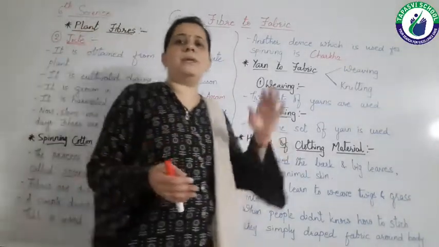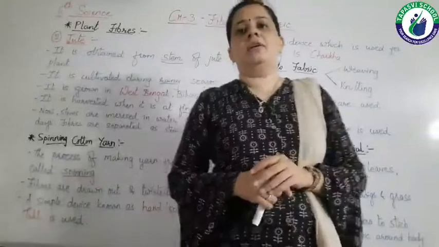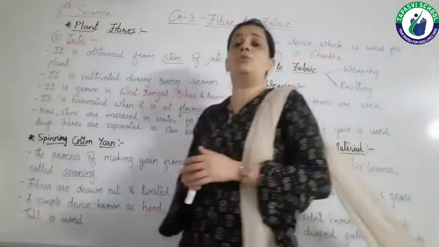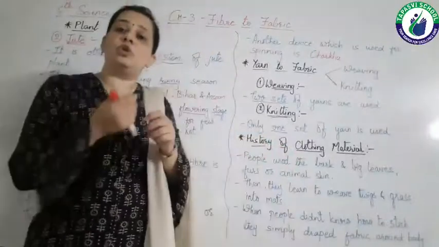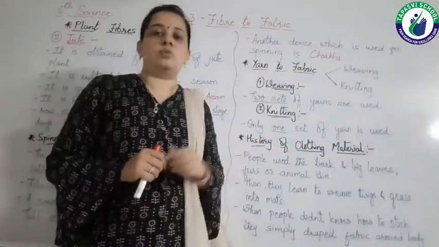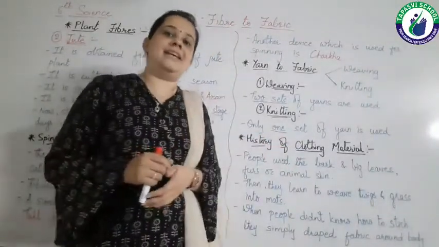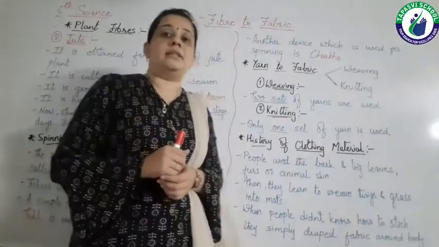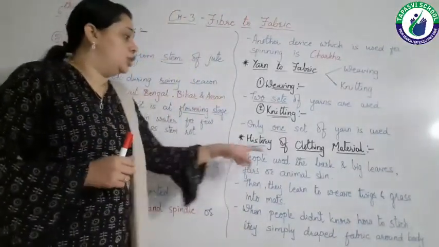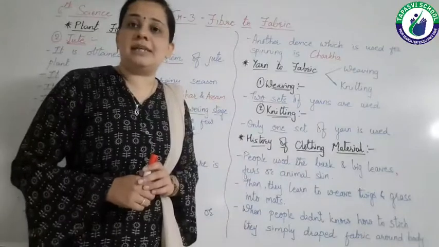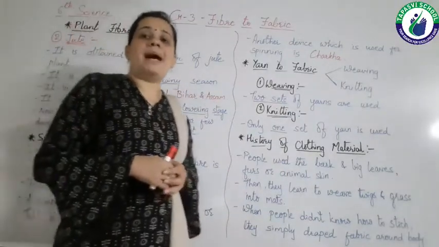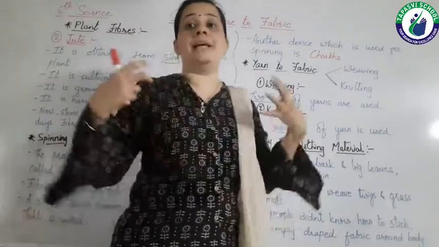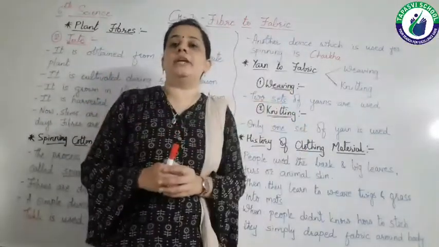As we know, the people who lived long back didn't know what to wear, and they didn't even know stitching. So what did they wear? Yes, you are right. They wore animal skin or fur of the animal, and bark of the trees or big leaves to cover their body.